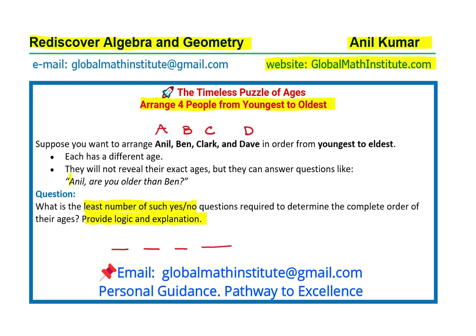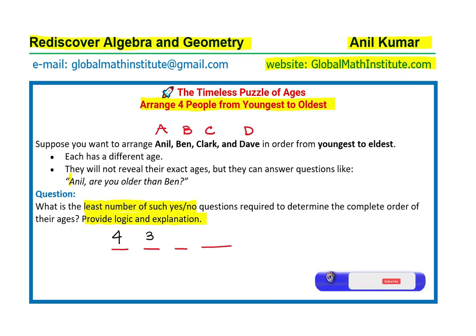Now, if you want to arrange any four persons in an order, you could put any one of these four in the first place. So you have four choices to fill the first position. Once you have that choice made, then you're left with three, and then with two, and then with one.